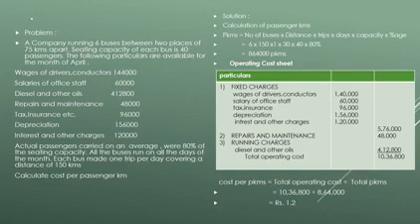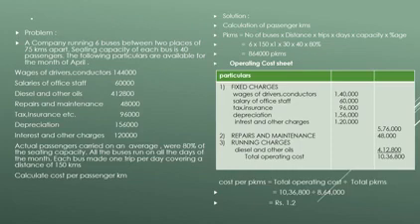passenger kilometers. Passenger kilometers is equal to number of buses into distance into trips into days into capacity into percentage carried. So number of buses 6 into distance 150. I have taken 150 and into trips 1. So if you are taking 75 kilometers, you should take 2 trips. If you are taking 150 kilometers as distance, number of trips will be only 1.